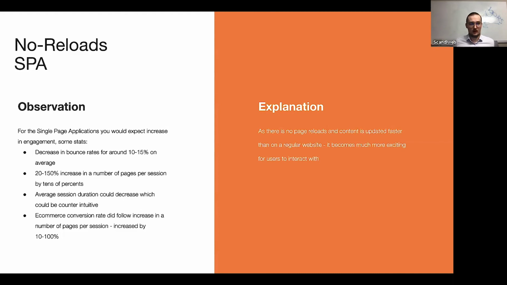Contrary to the number of pages per session, duration can in fact go down, which is very interesting. The explanation that we came up with is that as the content of the page is rendered dynamically, the whole page is not getting downloaded, so users can interact with it much faster.